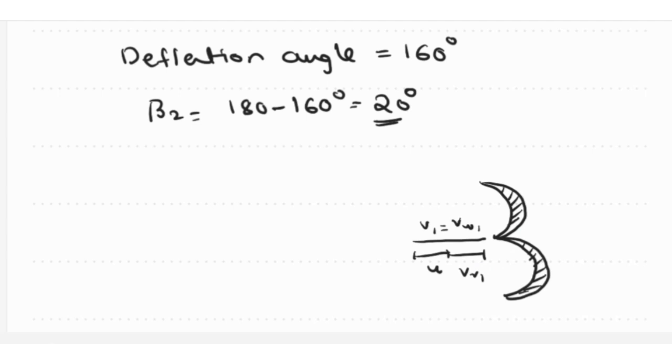Here in the question it is given the jet will deflect by an angle of 160 degree. So we should draw like this. This angle will be 160, so this angle will be 20 degree.